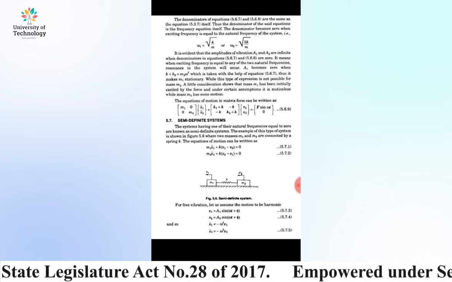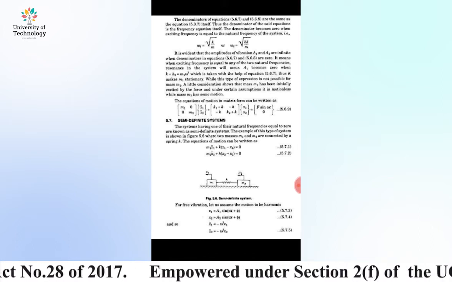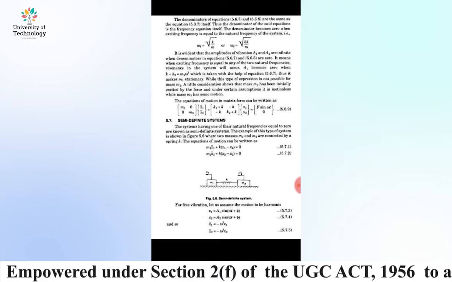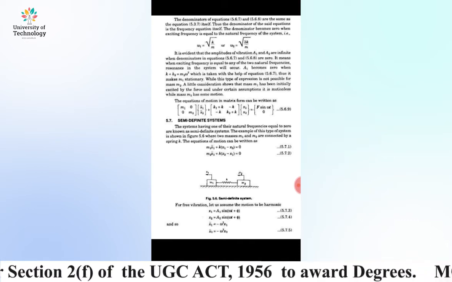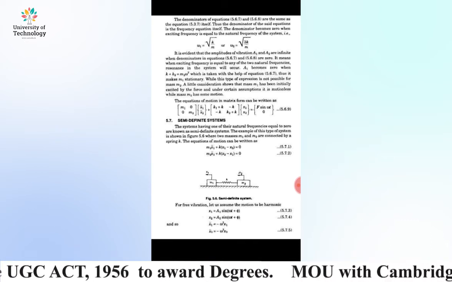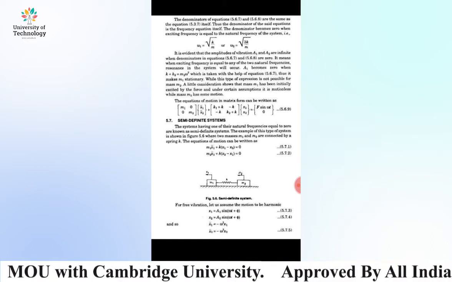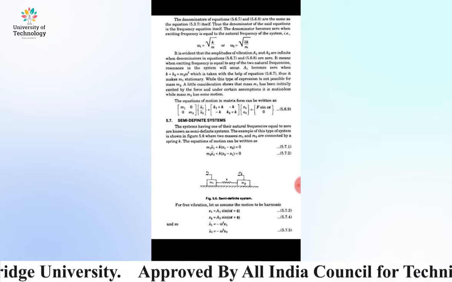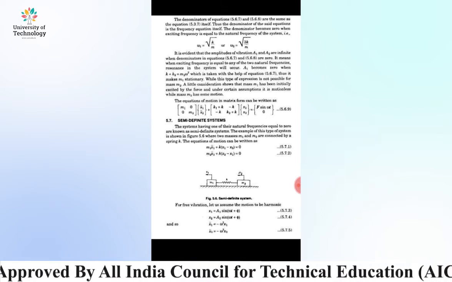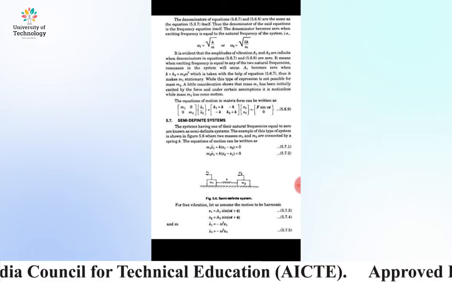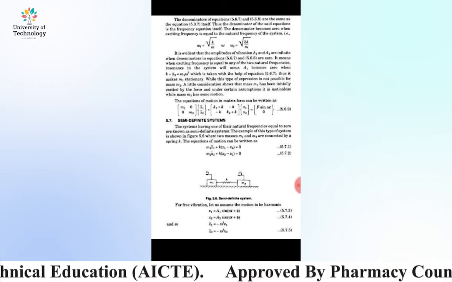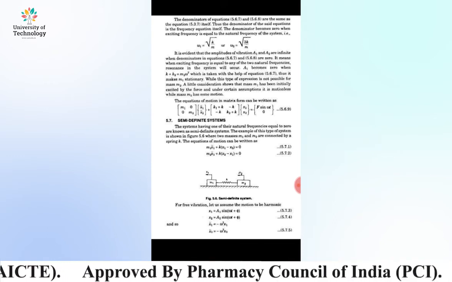Thus the denominator of the said equations is the frequency equation itself. The denominators become 0 when the exciting frequency is equal to the natural frequency of the system, where omega 1 is equal to root k by m, and omega 2 is equal to root 3k by m.